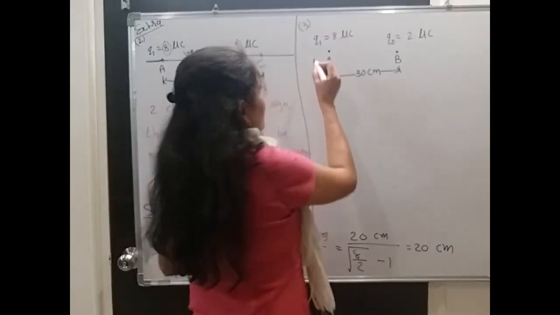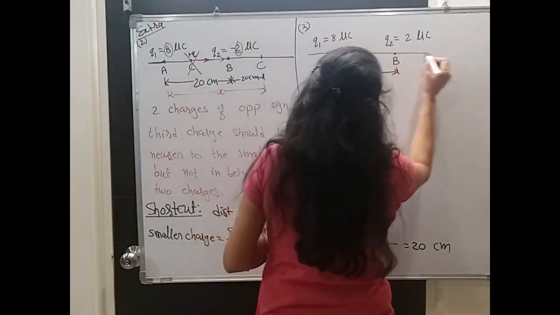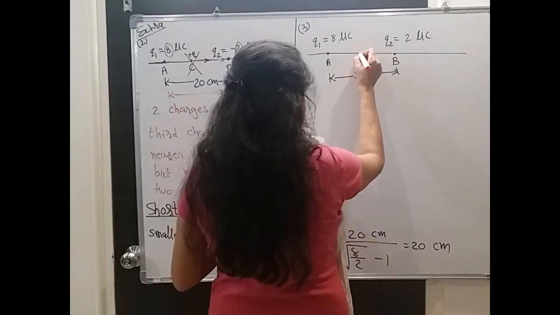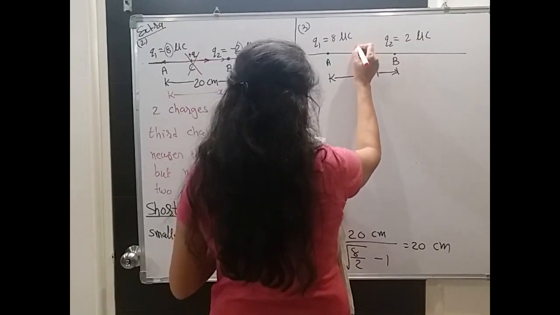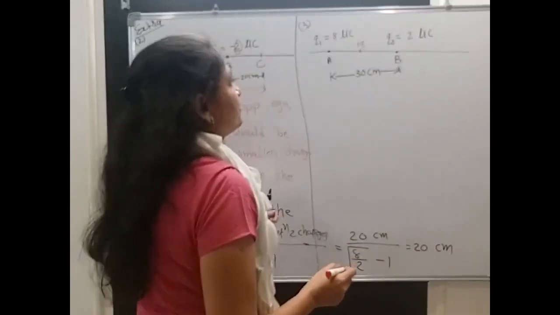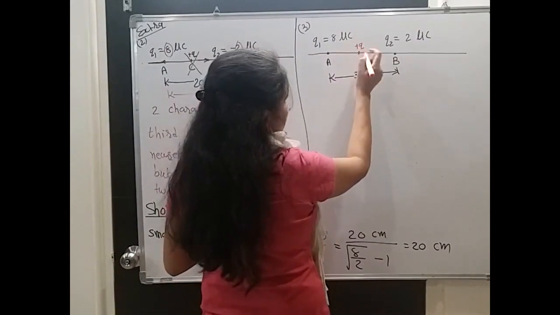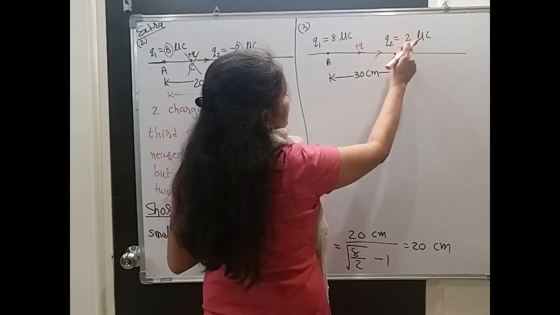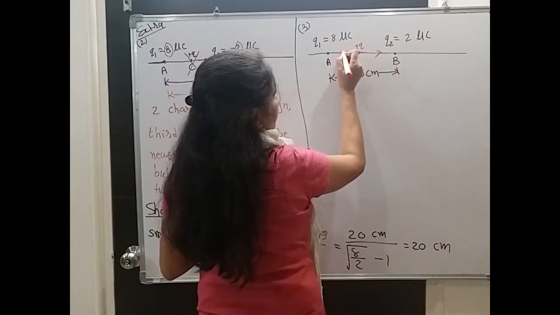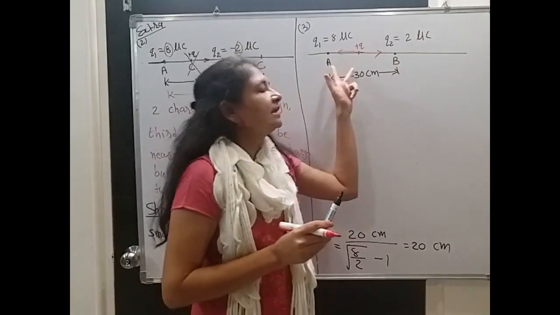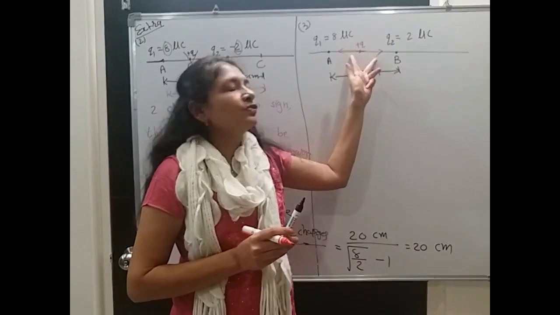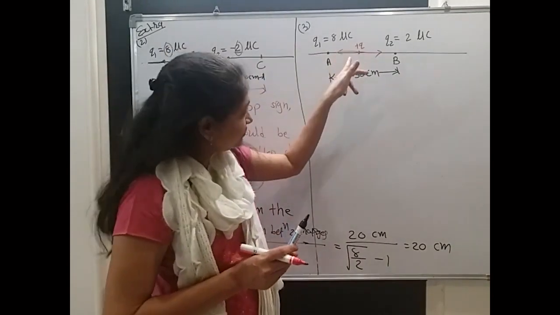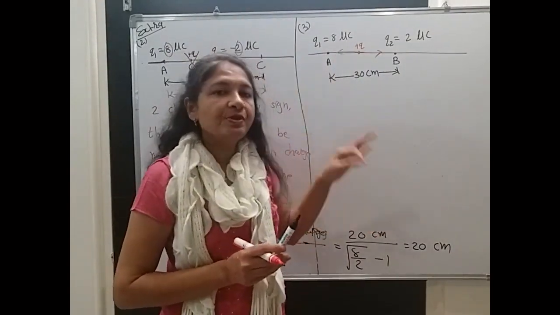Suppose I have placed a plus q charge here. Positive-positive, there will be a force of repulsion, pushing away. That means in the region between A and B, the two forces are in mutually opposite directions. That means the third charge must be in between.